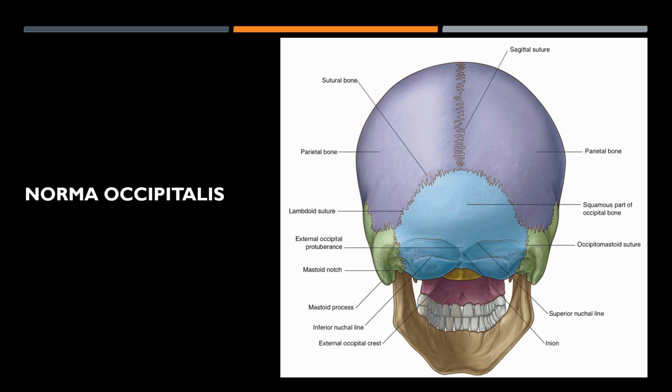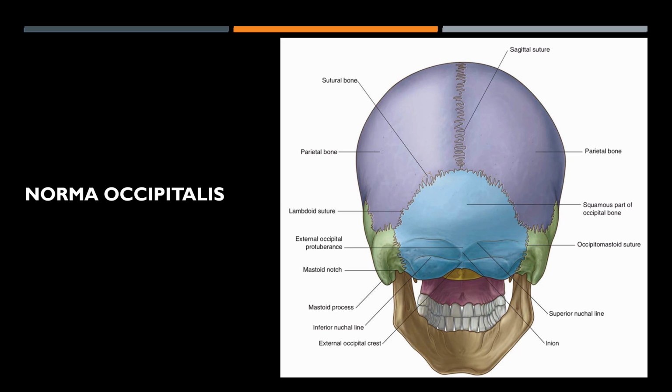We also have the two parietal bones, which form the sides and roof of the cranial cavity. From this posterior view, you can observe how they meet in the midline and also with the occipital bone at the lambdoid suture.